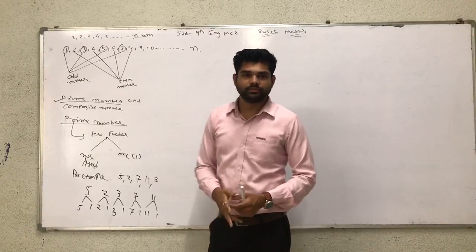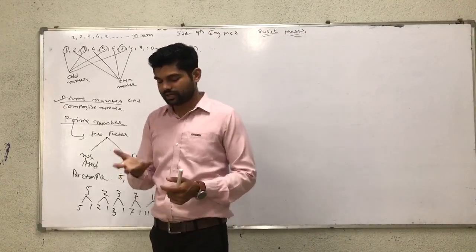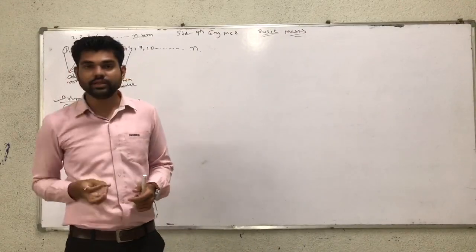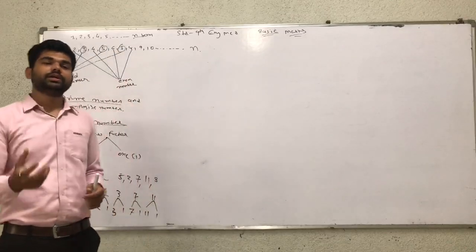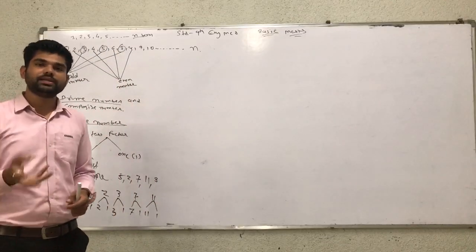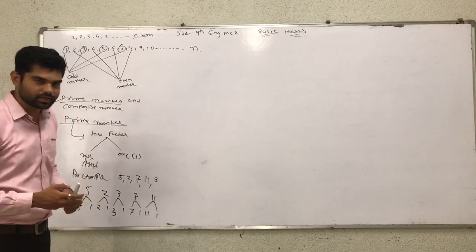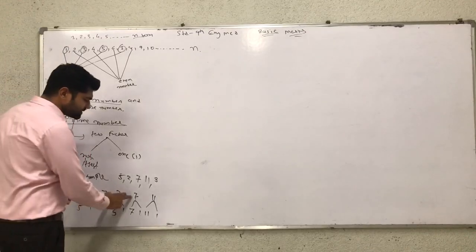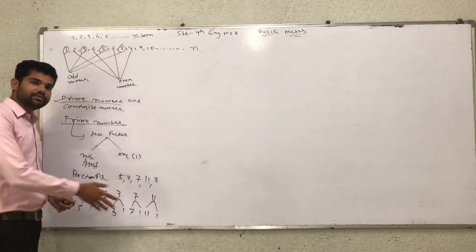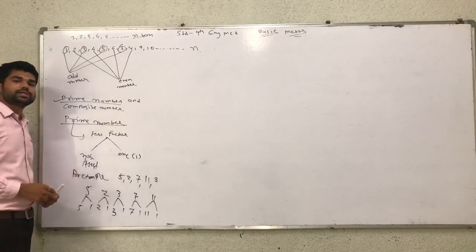And a composite number means a number that contains more than two factors. It means if a number is not prime, then this number is called a composite number. So 5, 2, 3, 7, 11 excepted, any other number is a composite number.